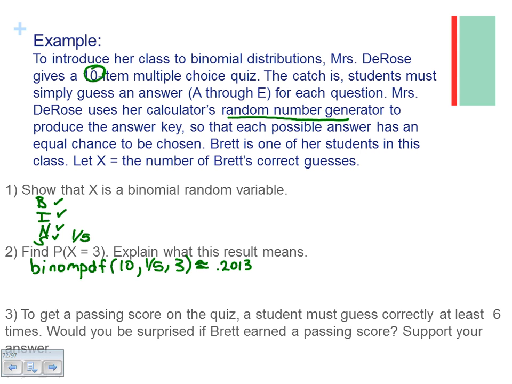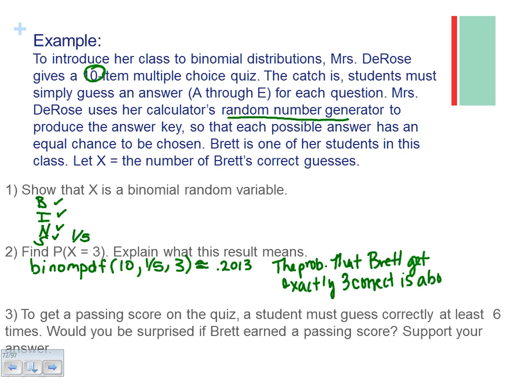So this tells me the probability of getting 3 correct would be 20%. So the probability that Brett gets exactly 3 correct is about 20%.